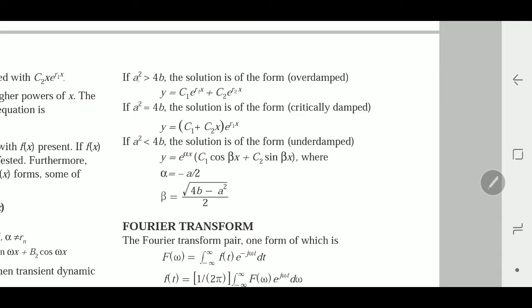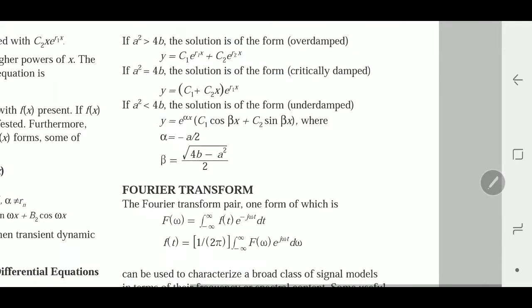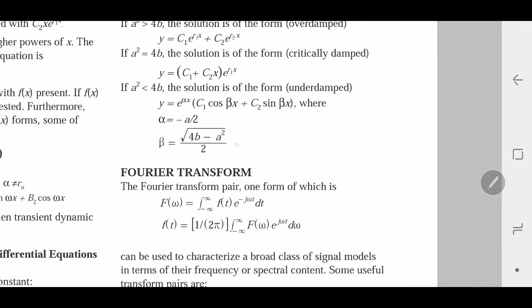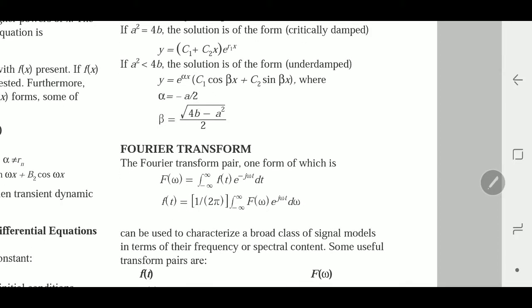If a squared is greater than 4b, this is the general solution you're looking for. If they're equal, this is the general solution you use. And if a squared is less than 4b, this is for imaginary solutions, and this is the general solution you're looking for.